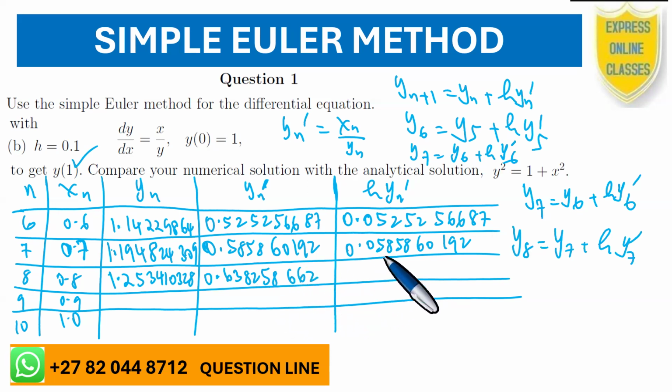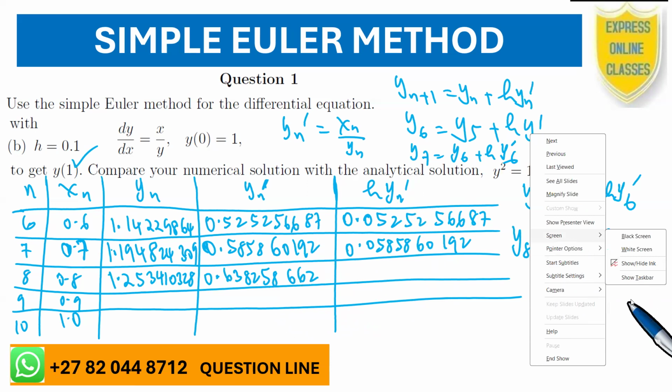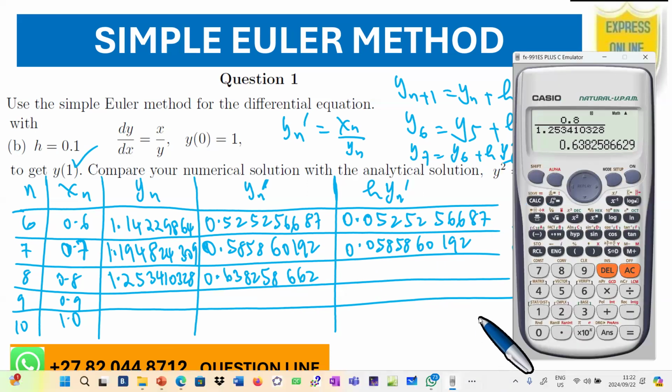Okay, now multiply this yn prime by 0.1, which is the step size h, or the step length, as we called it last time. So we'll never forget this one.